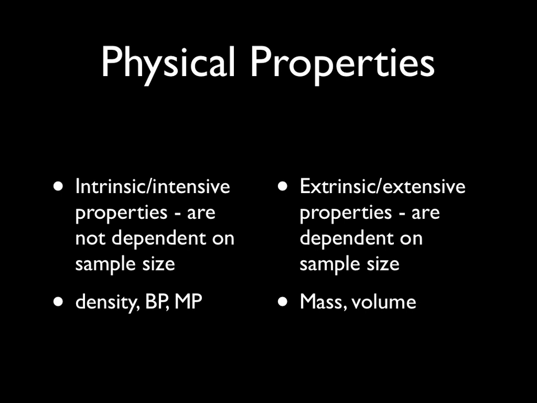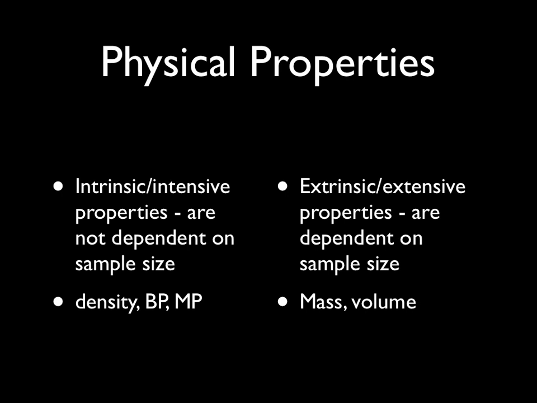Again, the example I believe I gave in class was if we have a small beaker full of water versus a bathtub full of water, and we wanted to determine what temperature the water would boil at, it doesn't matter if we're talking about the small beaker or the large bathtub. All water boils at 100 degrees Celsius in standard conditions.